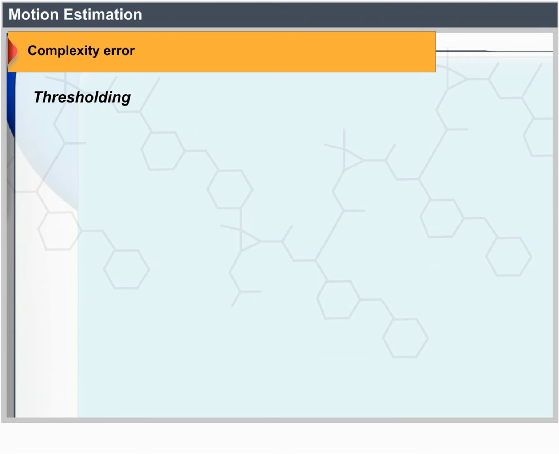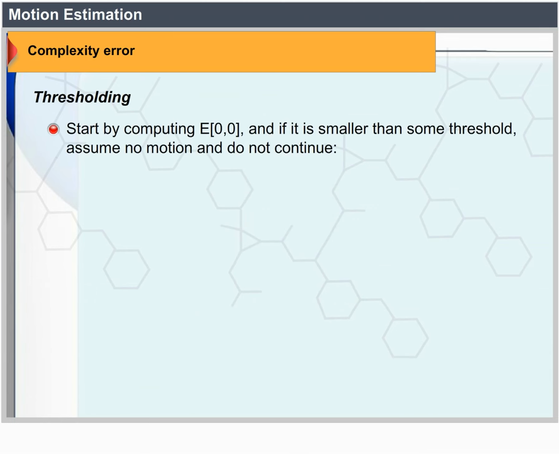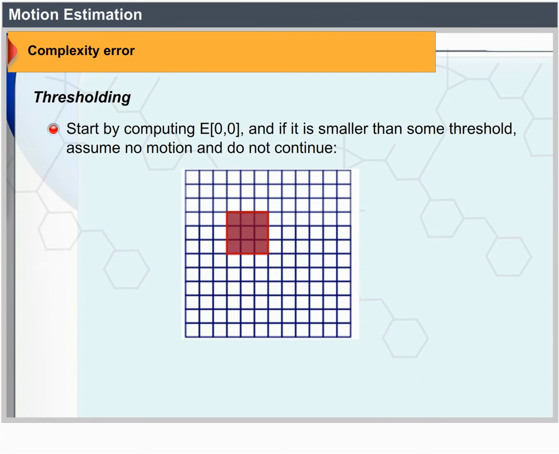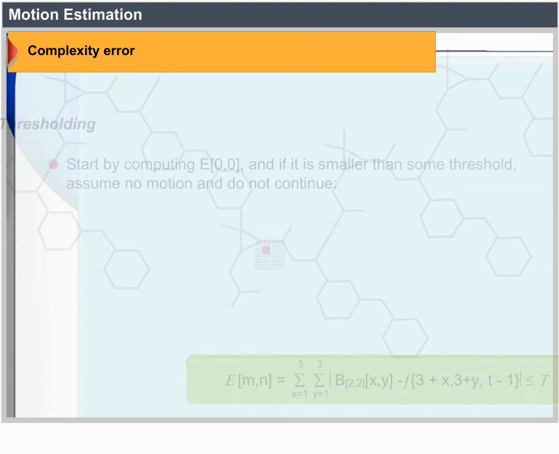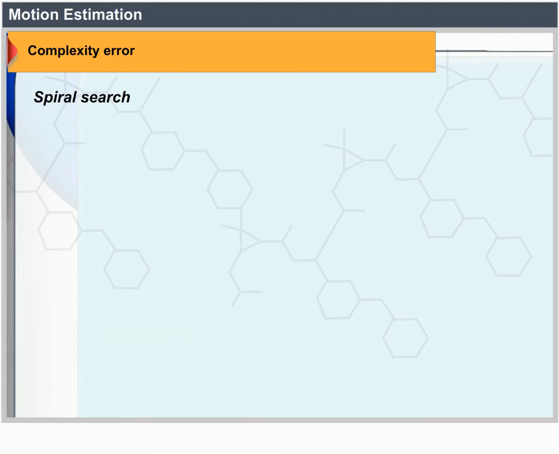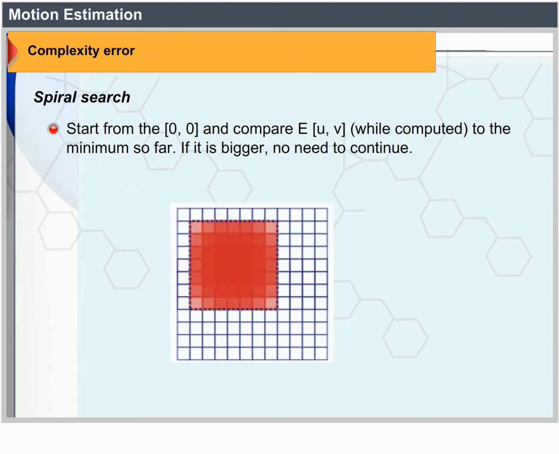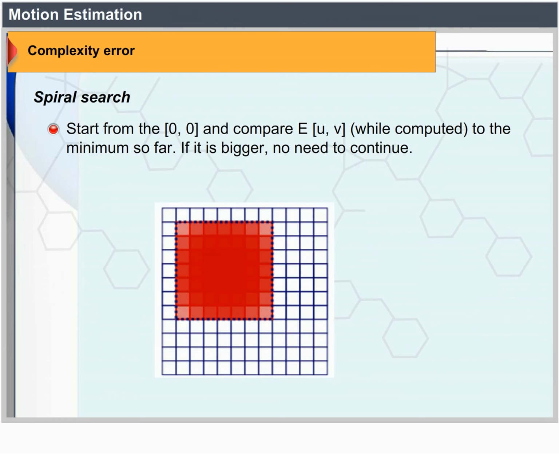Thresholding. Start by computing E(0, 0), and if it is smaller than some threshold, assume no motion and do not continue. Spiral search. Start from E(0, 0) and compare E(U, V) while computing to the minimum so far.